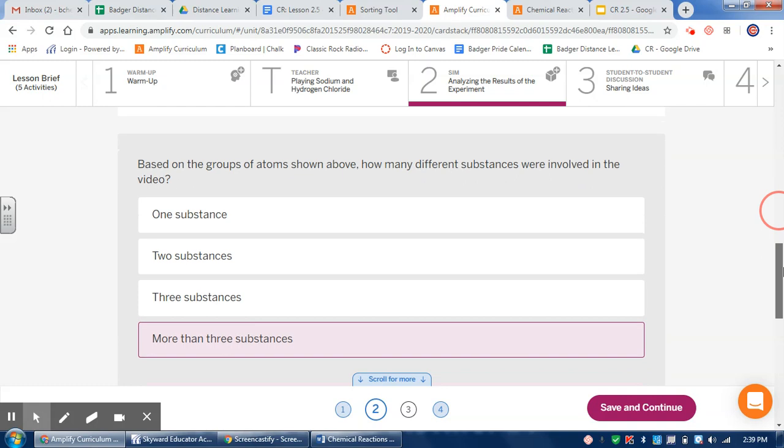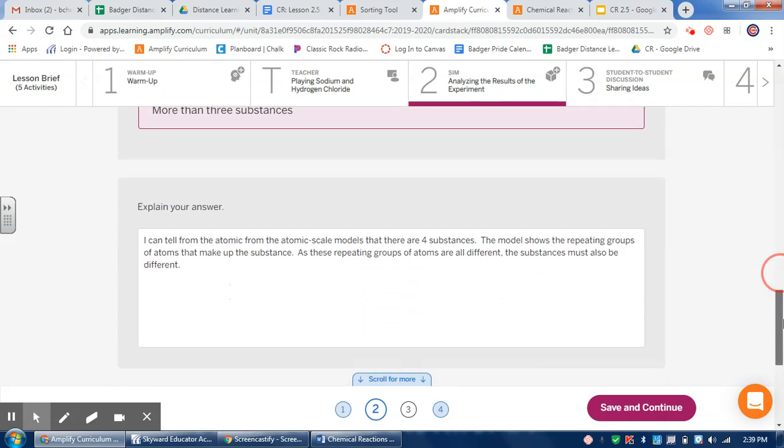So based on what I just saw, I'm now going to change my prediction and say that there's more than three substances that are involved in Lee's experiment in the video. And my answer for that would be, I can tell from the atomic scale models that there's four substances because the model shows the repeating groups of atoms that make up the substances.